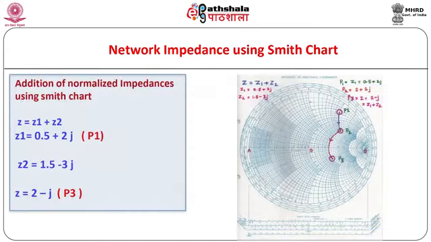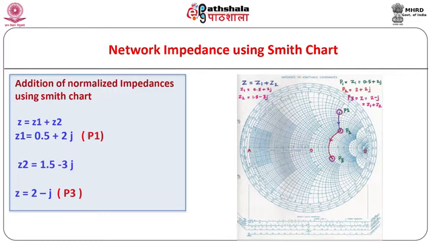As an example, let Z1 is equal to 0.5 plus 2j and Z2 is equal to 1.5 minus 3j. Then we can obtain Z is equal to Z1 plus Z2 using Smith chart as follows. First, plot Z1, that is point P1.